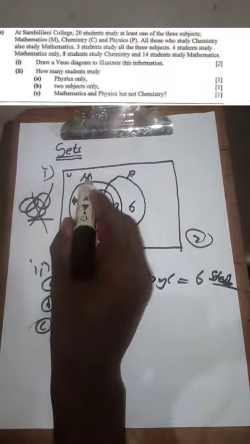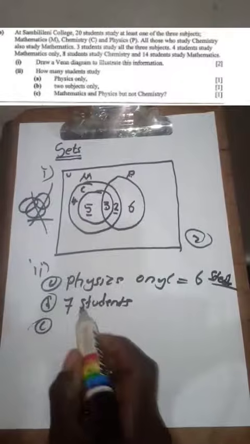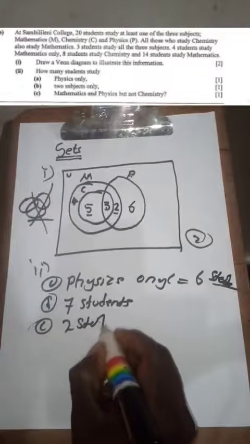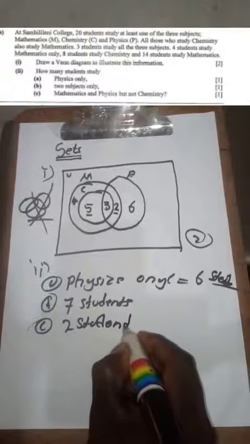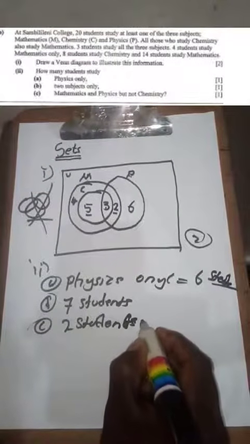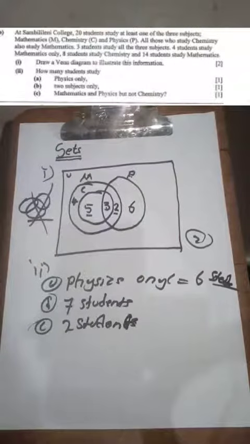This is M intersection P, which is 2. Say 2 students. All right. So that's how we go about answering that question. Thank you.